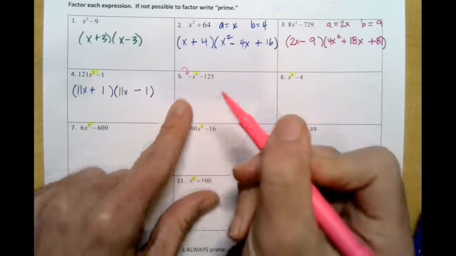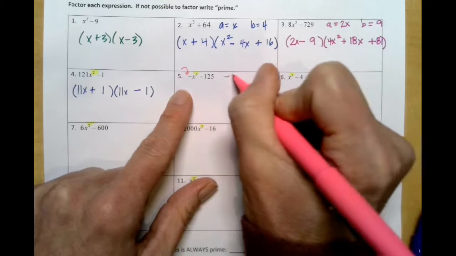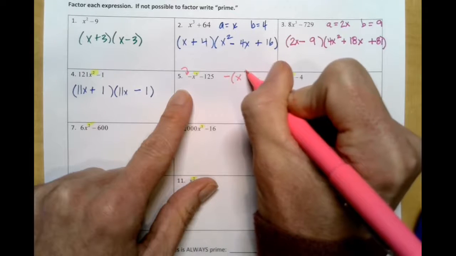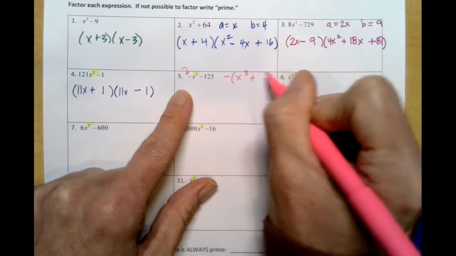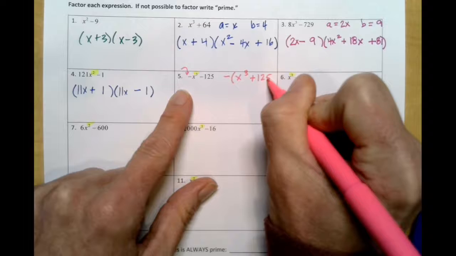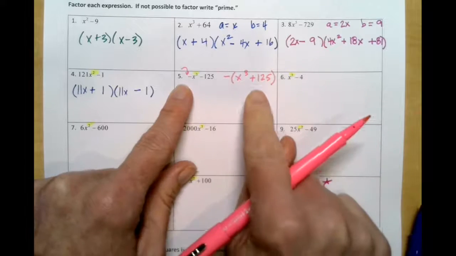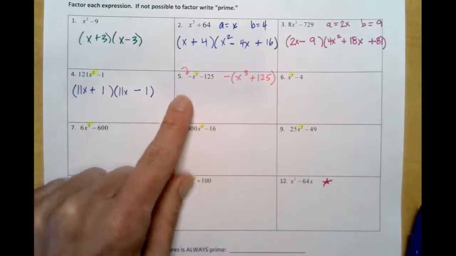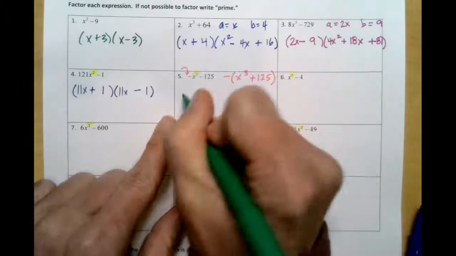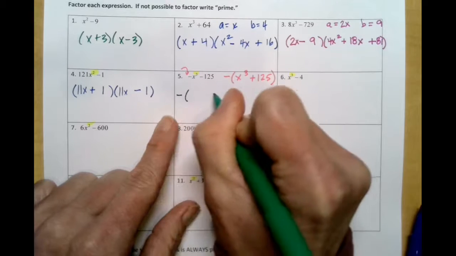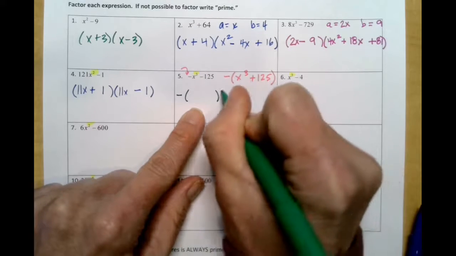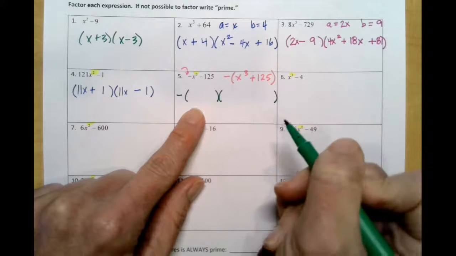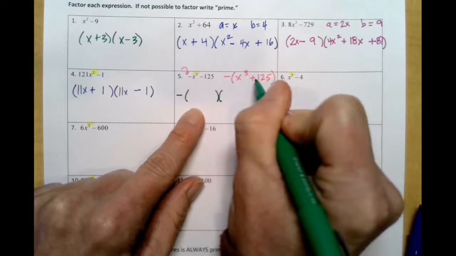When I see this negative out front, we're going to take the time to write it as x cubed plus 125. So that changes both signs when I pull it out. So that negative is going to hang out outside of my binomial and my trinomial pattern. Let's talk signs.